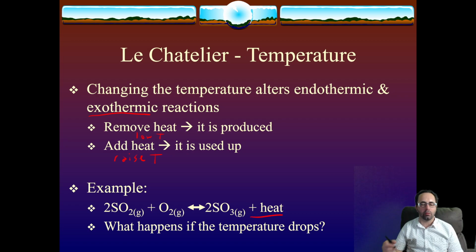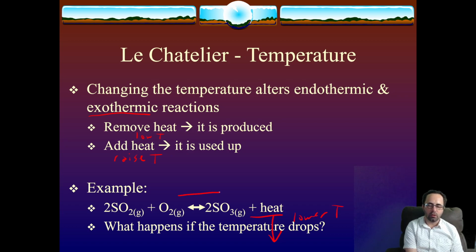So here we are asked, what happens if the temperature drops? So that is like removing heat. So if we remove heat from this reaction by lowering the temperature, the reaction is going to have to go in the forward direction to replace the heat that is lost as we're lowering the temperature. And so this equilibrium, in this case, will shift to the right.